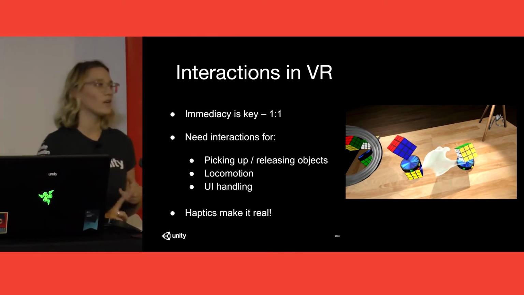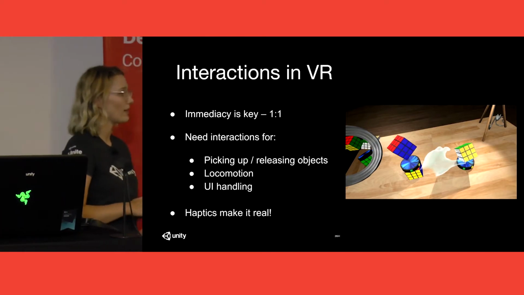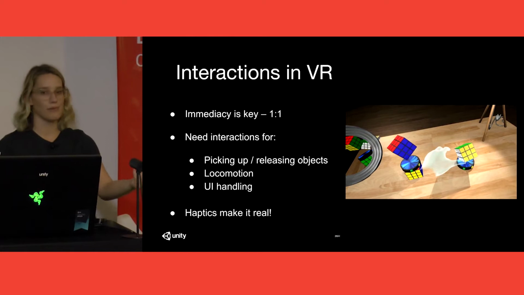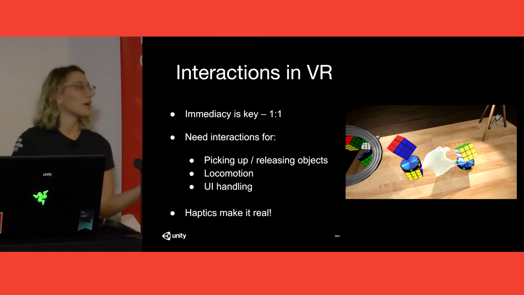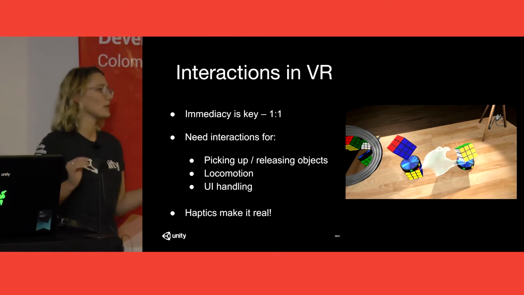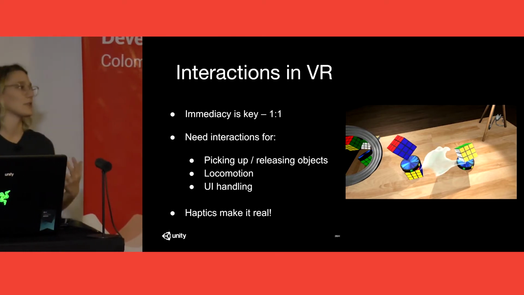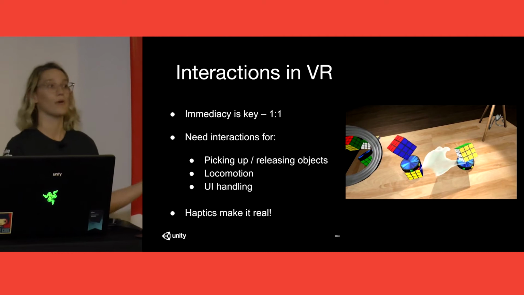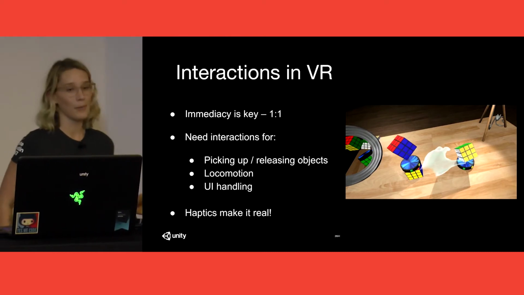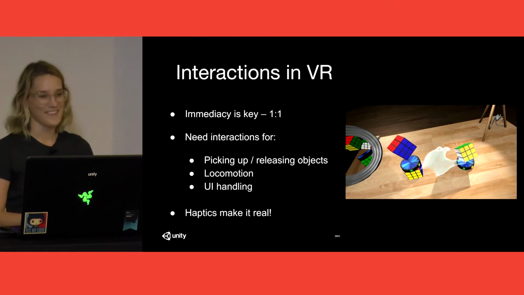So you're going to need all sorts of interactions for VR that you don't need in traditional gaming. You need to think about picking up and releasing objects. In regular games, it's not as important that they can pick up every single object. But when you're in VR, it's just natural instinct. You want to like pick stuff up and throw it around. I like personally love making messes in VR because I don't have to clean it up, whereas I do in real life.